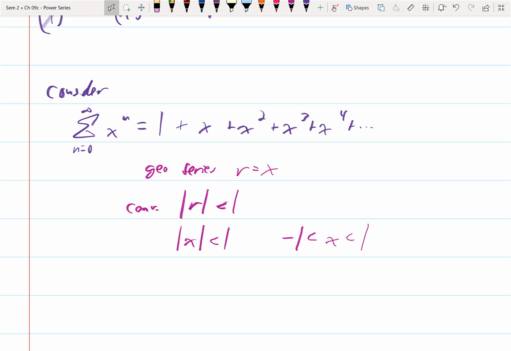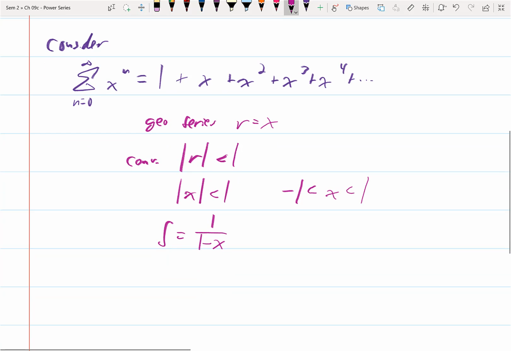So if this is true, if this converges, then we can say the sum is equal to 1 over 1 minus r, which is 1 minus x. So that's the setup for how this is going to look.